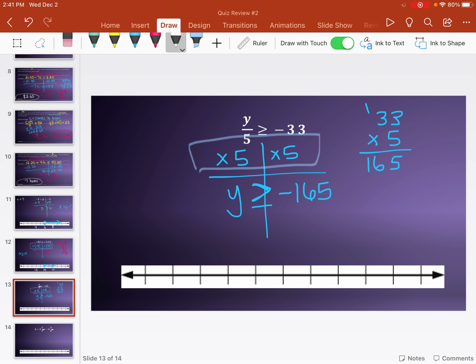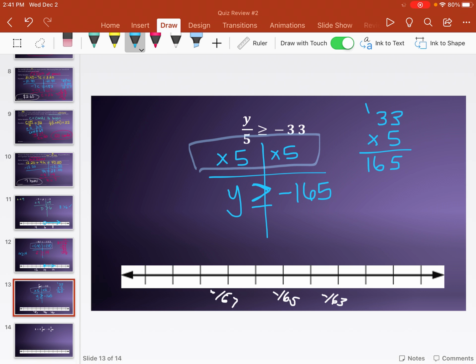Let's see if I can squeeze these numbers in here because I write so big. So negative 165 is right there. And remember, since we're writing these on the negative side, that's like opposite world. So the bigger numbers are going up to the left, the smaller over to the right. So this is going to be like negative 163, and this one's negative 167, something like that.